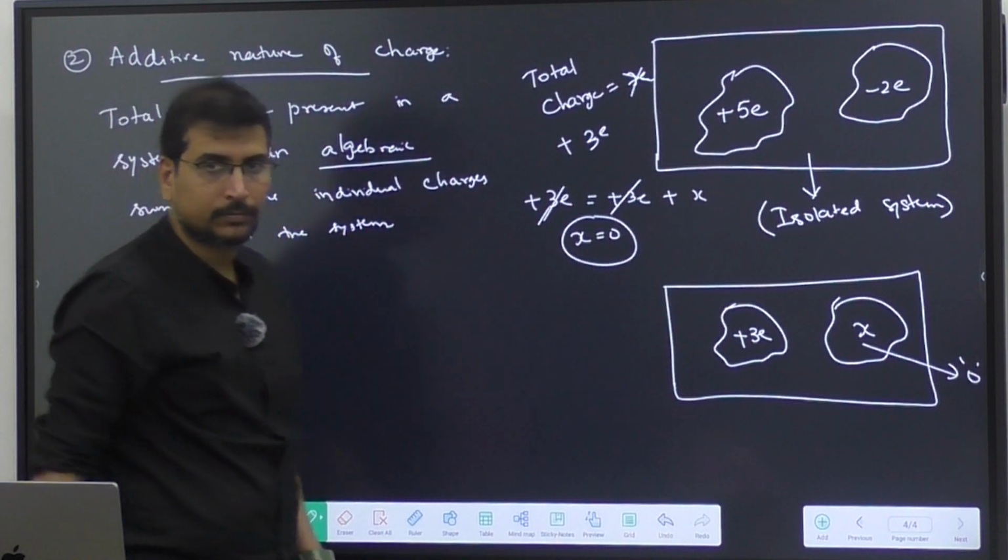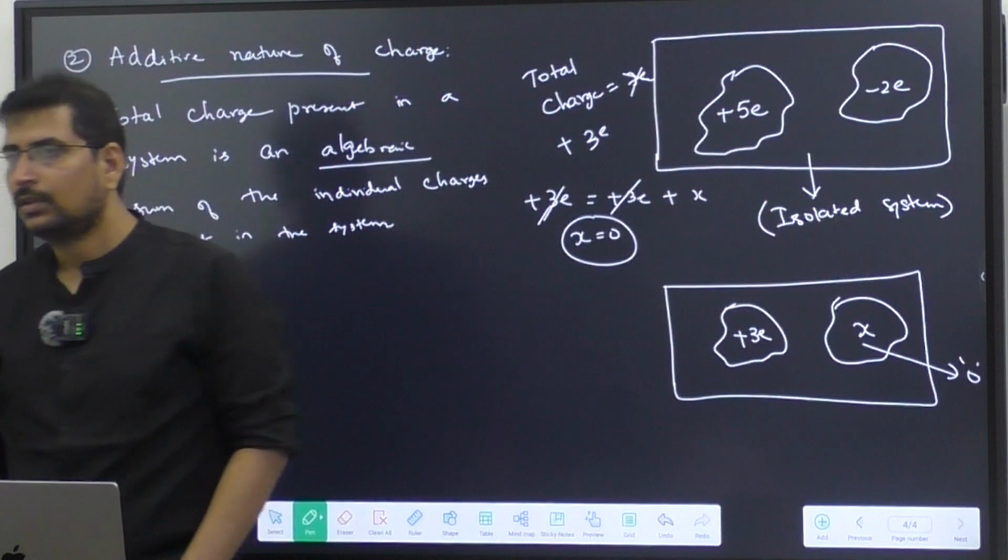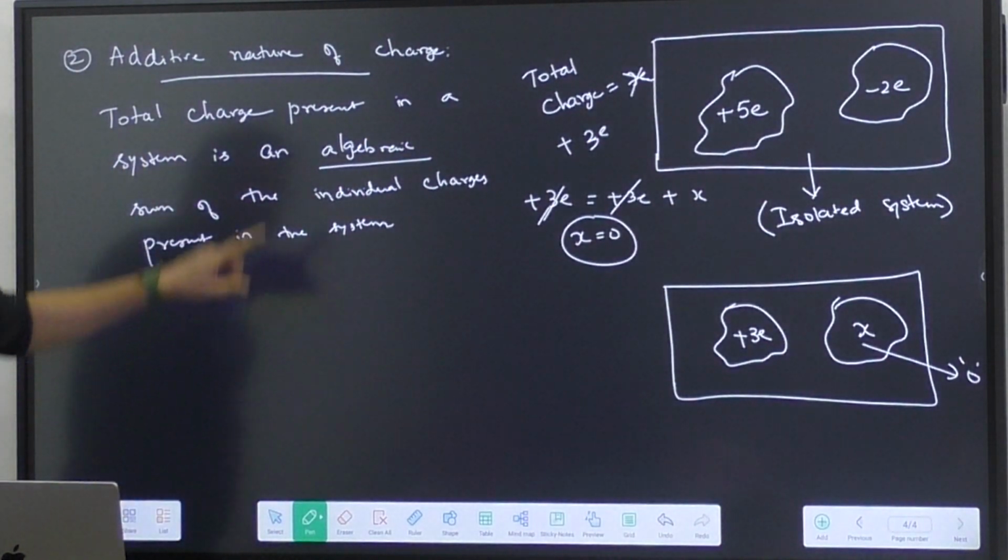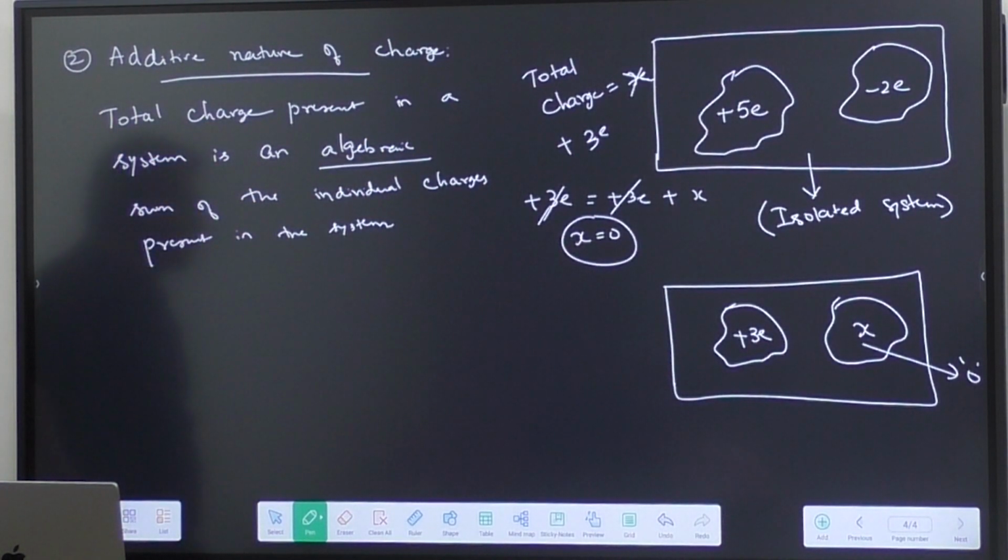Are you able to understand? So this one we'll use it multiple times in this chapter. So have this in your mind. Total charge present in the system is an algebraic sum of the individual charges present in the system. Divya, are you able to understand? Yes, sir.